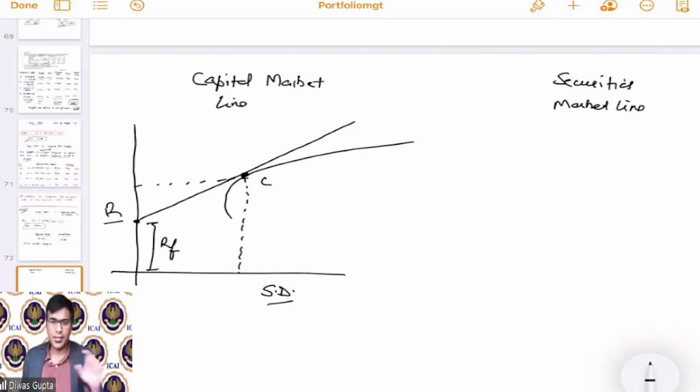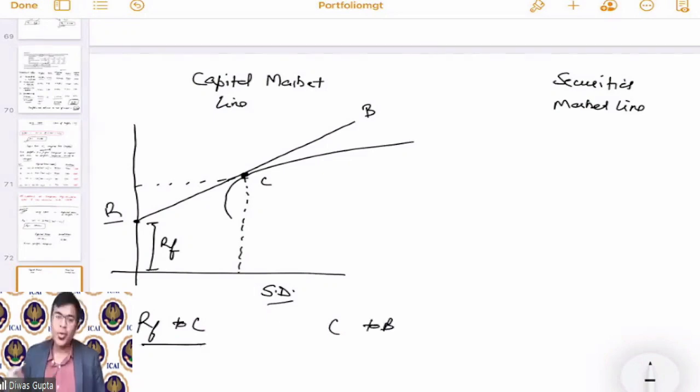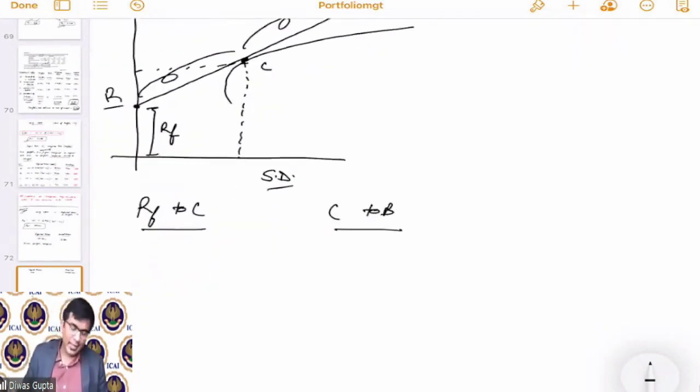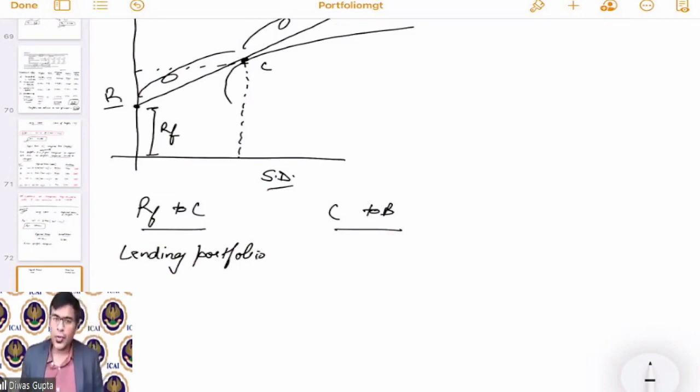The next point is all the portfolios, which I am putting here as B. So from RF to C and C to B, there are two segments. All the portfolios from RF to C will be called lending portfolios, and all the portfolios from C to B will be called borrowing portfolios. I'll tell you why.